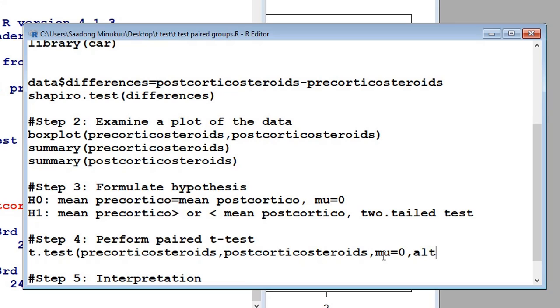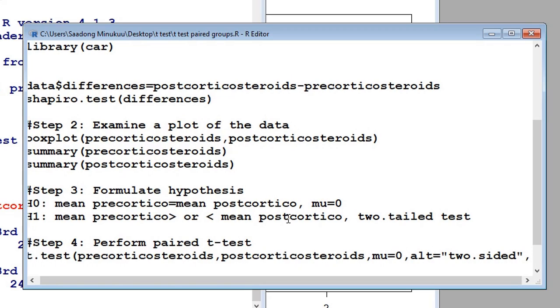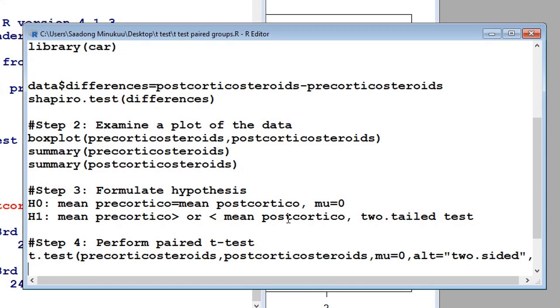Alt will be a two-sided test, since we are saying it's either greater than or less than, so in quotations, two-sided. Then we put a comma, and we have to enter the most important thing. By default, it will perform a t-test for independent groups, so we must indicate that paired is equal to TRUE for it to perform a paired t-test.